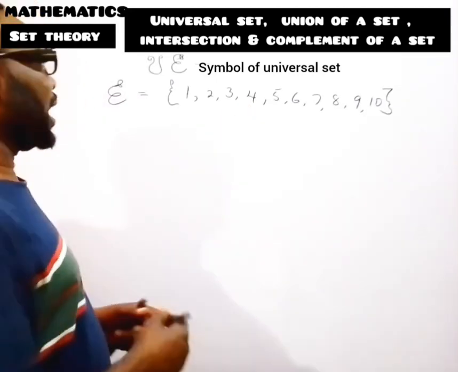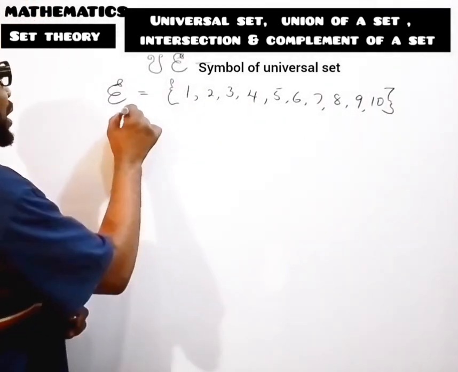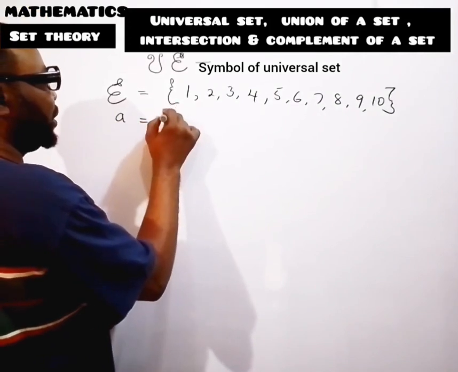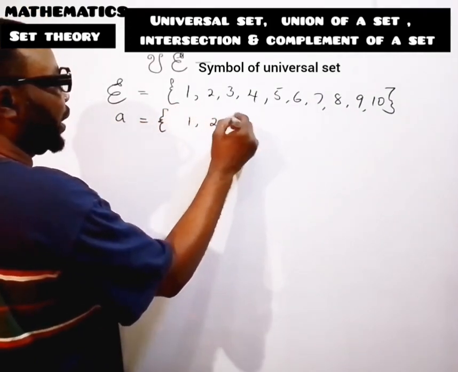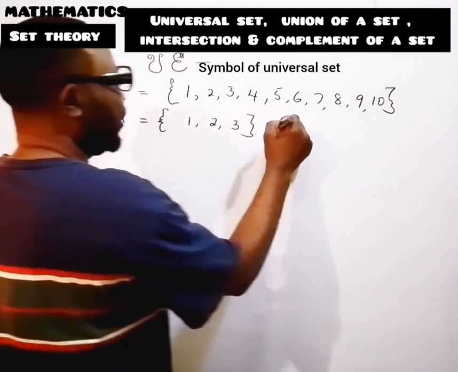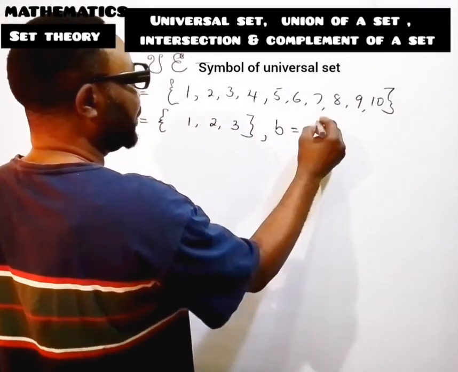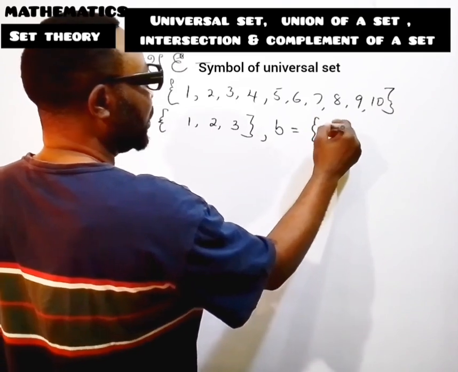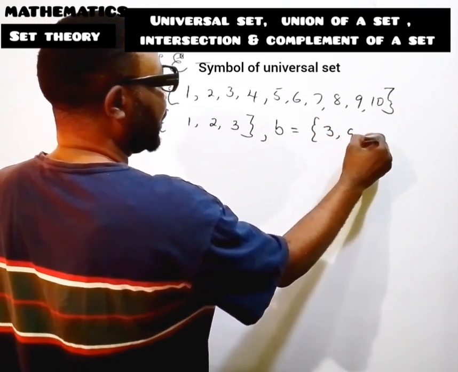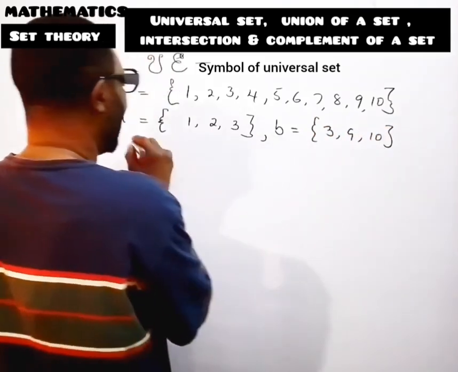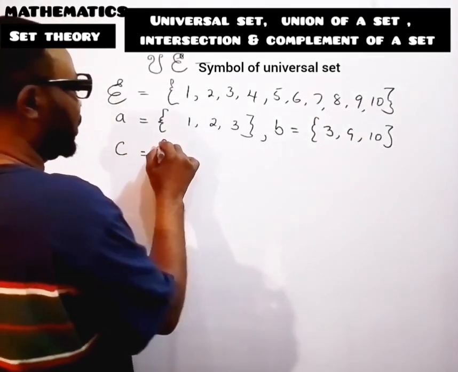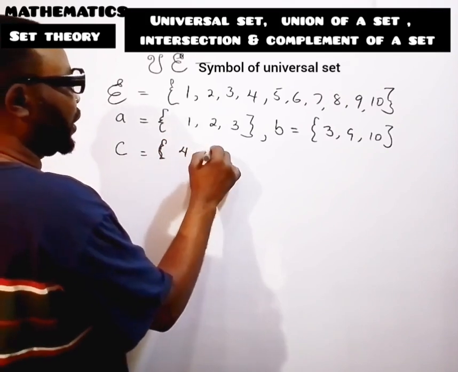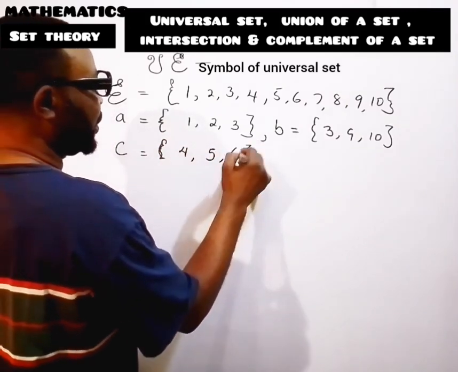Now, if inside the universal set we have set A, which is 1, 2, 3, we have B, which is 3, 9, 10, and we have C, which is 4, 5, 6.